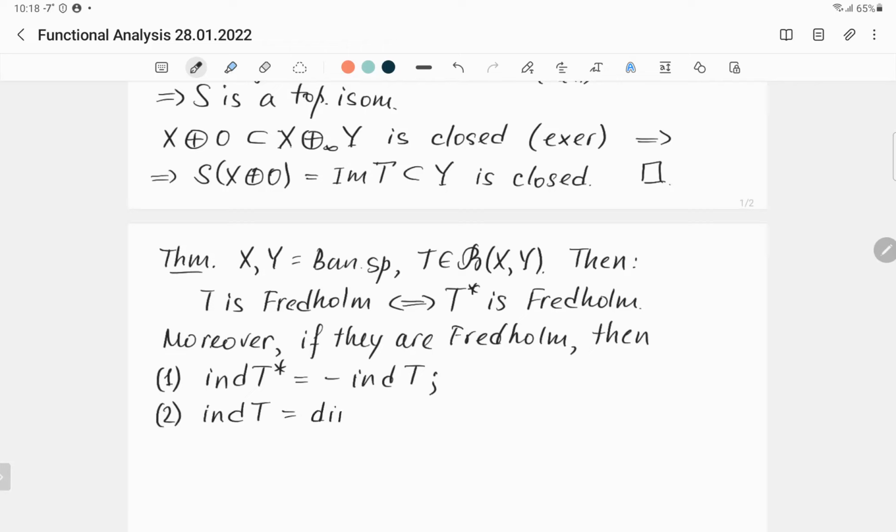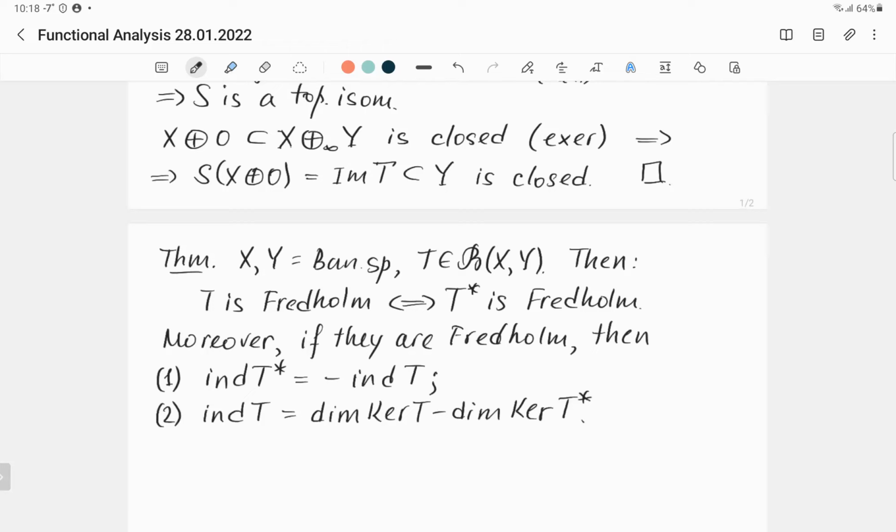This is the dimension of the kernel of T minus the dimension of the kernel of the dual operator T star. This formula is sometimes useful when we want to avoid co-kernels for some reason.